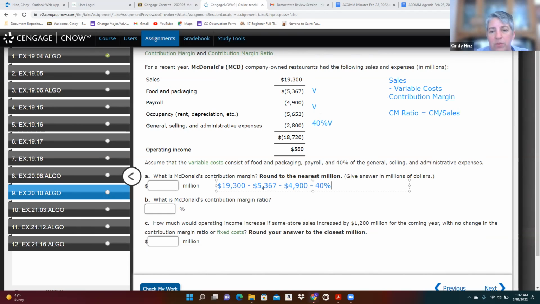And then 40% of the selling, general, and administrative expenses are also variable. Remember, as you're doing this on your own, make sure that you are using the numbers that are given in your exercise, not the ones that you see on my screen.